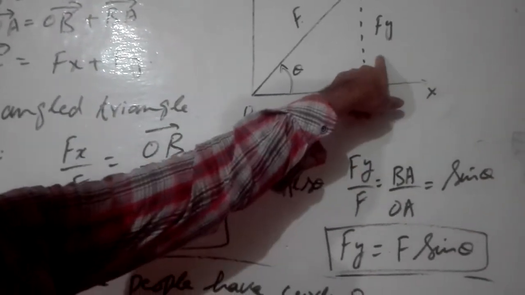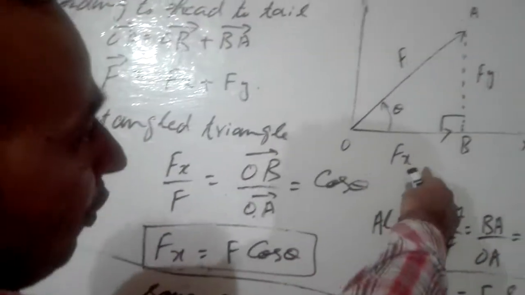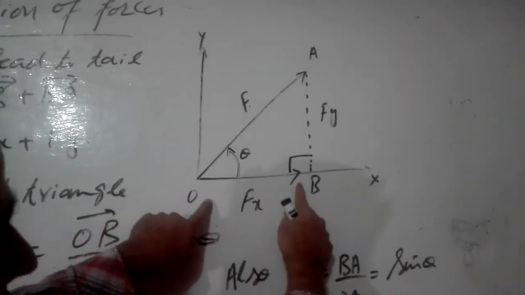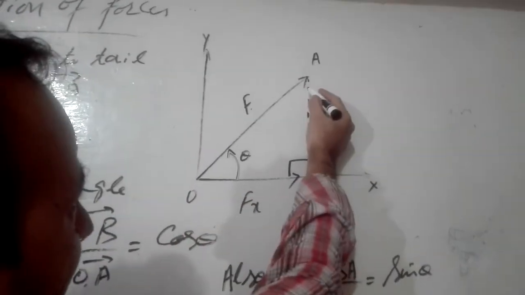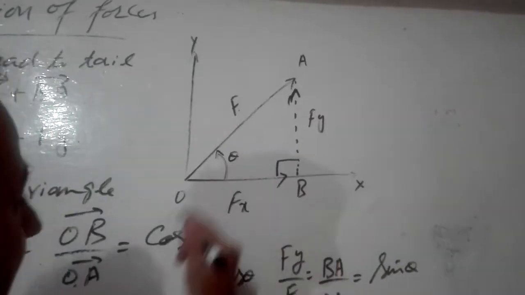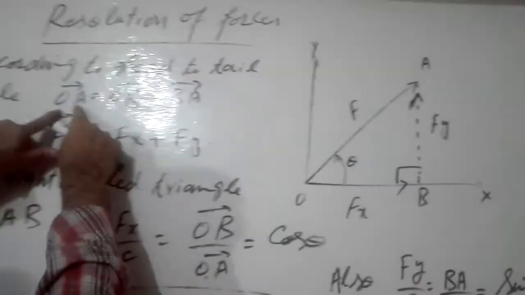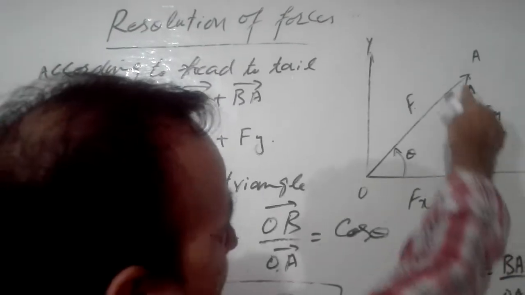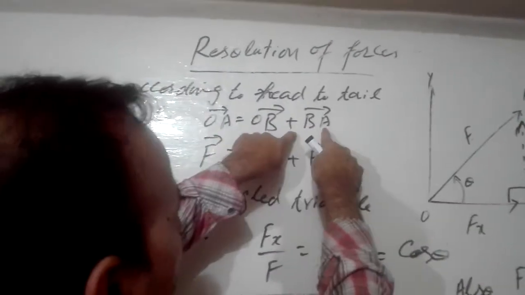Now the question is, how can we find the value, in terms of a formula, of these two components Fx and Fy? According to the head to tail rule, we can write OA. Clearly OA is the resultant, because OB is the first vector and BA would be the second vector, head to tail. So I can write OA resultant equals the sum of these two forces, OB vector plus BA vector.